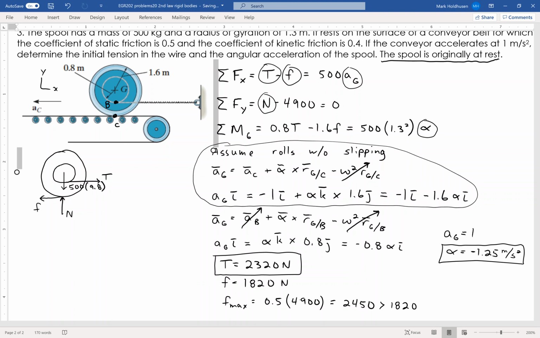I know for sure that thing rolls on the cable, so that second one is okay. Anyway, what you got to do here is, just that, right? Free body diagram, sum the forces, find a relationship between your accelerations, make assumptions about frictions, prove those assumptions, and get the right answer.